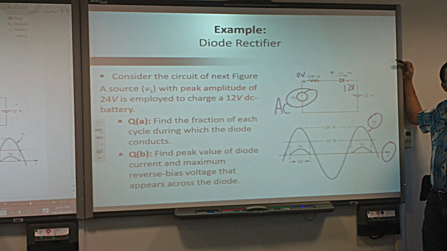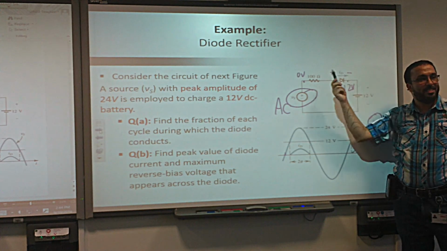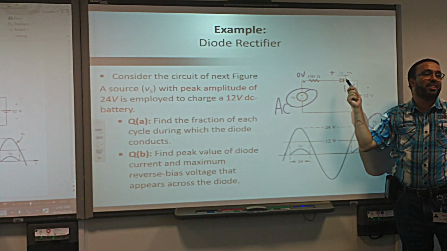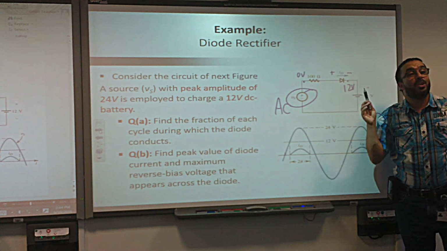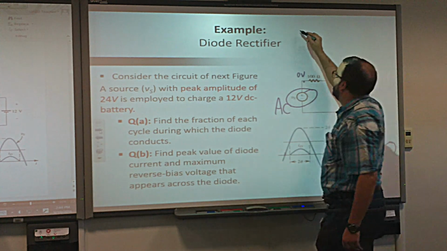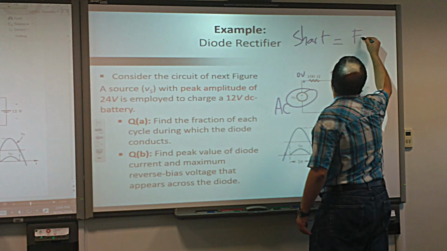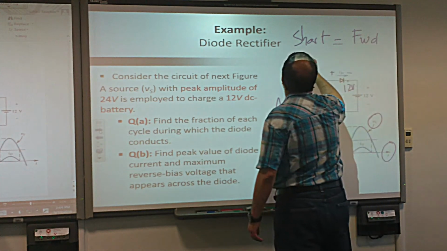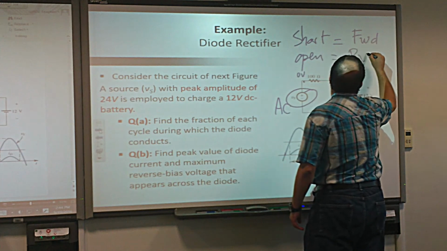Make sense? Now, is it really the case? No. So in this case it is open. And in this case, is it open or short? We said short when... okay, wait a second. Say short means forward, okay? To make it easy, open means reverse.